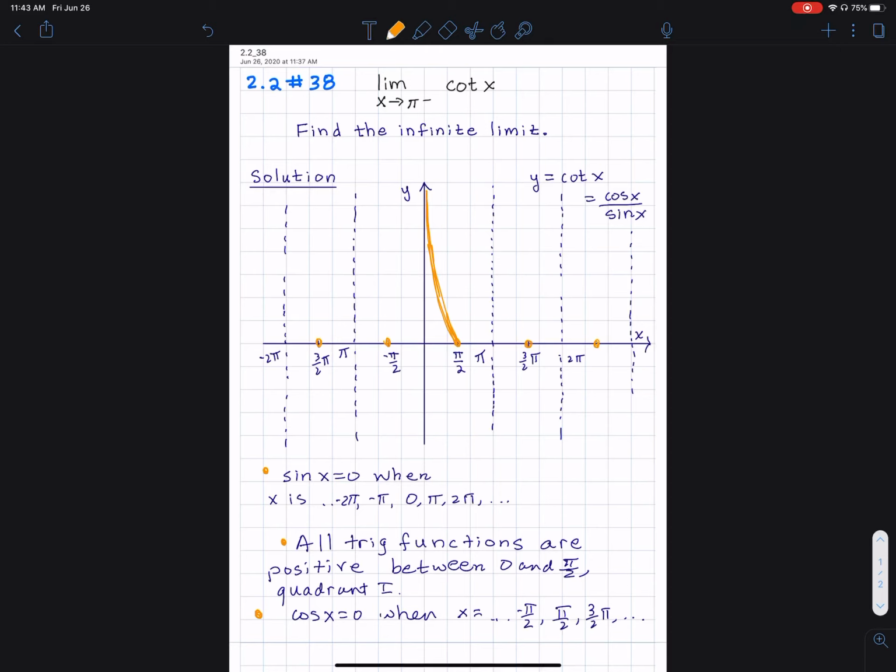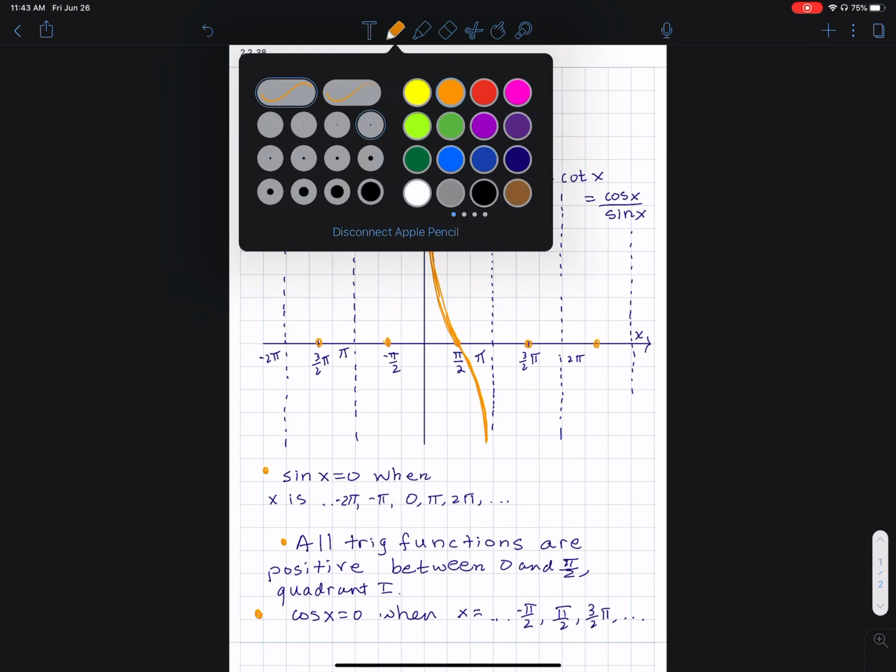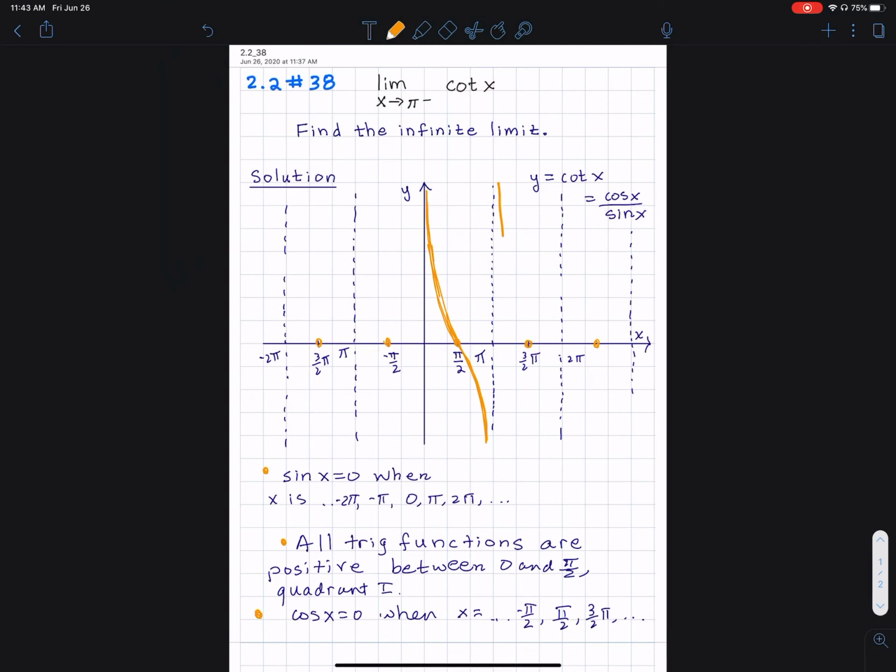Between pi over 2 and pi, cosine is negative and sine is positive, and so it's going to go and look like this. This is a function that we're sort of supposed to memorize the graph from anyway, but it's one of the lesser considered trig functions, especially the graph.